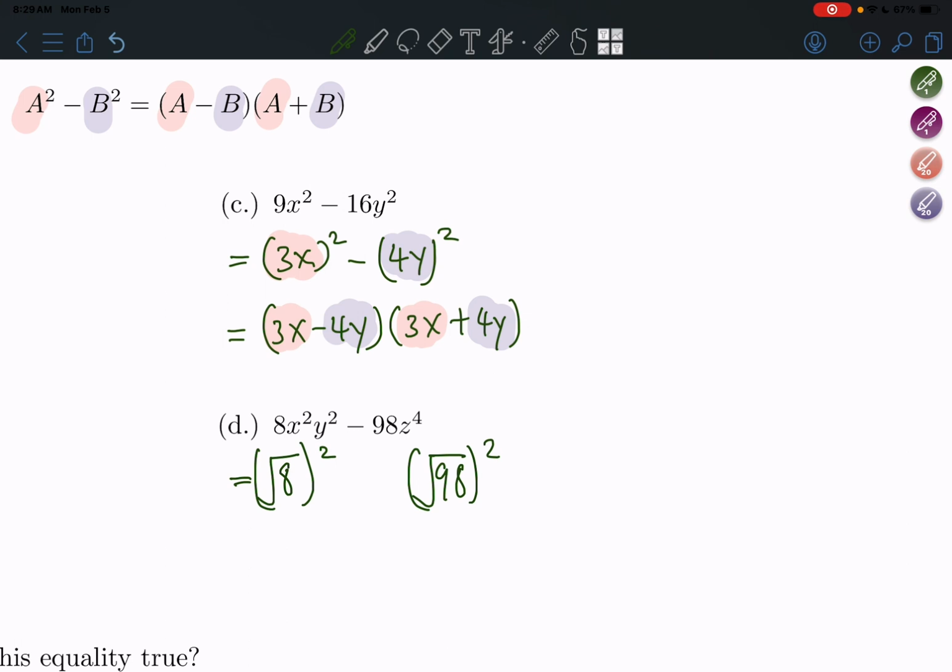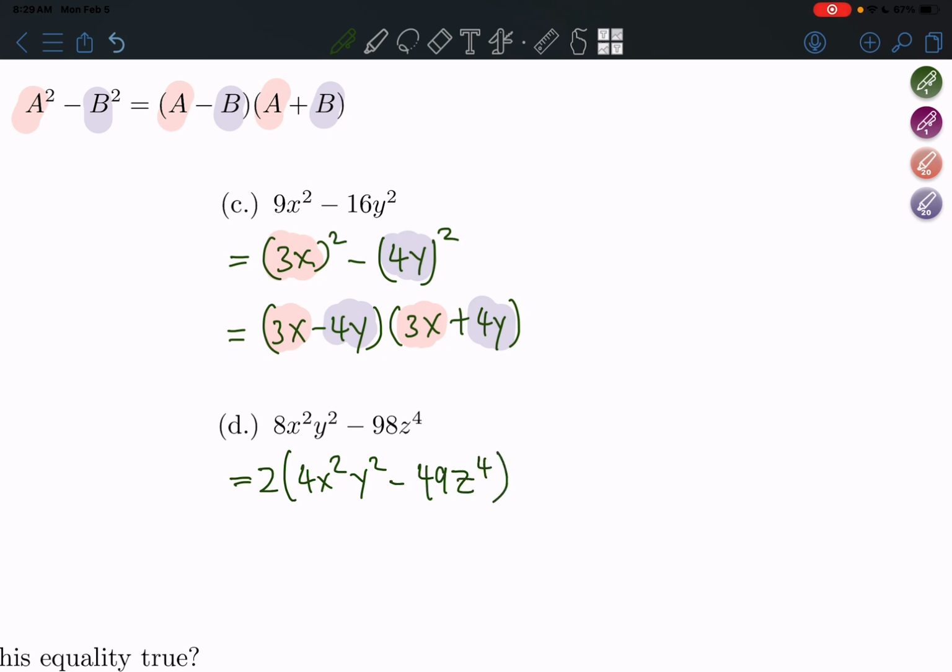And then this problem behaves very similar to other problems before. In this particular problem, though, we can actually do something first. We realize 8 and 98, while they're not perfect squares, have something in common, namely 2. So I want to factor out 2, and then the first term becomes 4x squared y squared. The second term becomes minus 49z to the fourth.